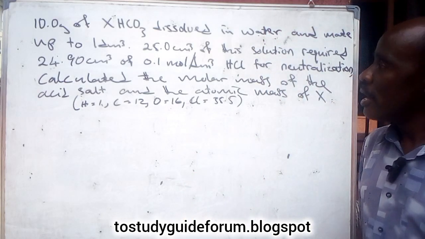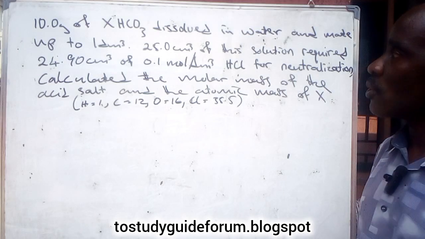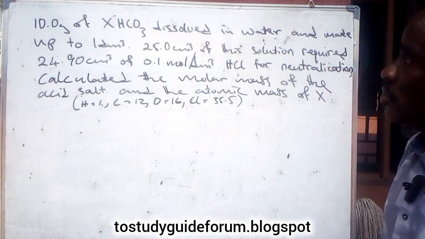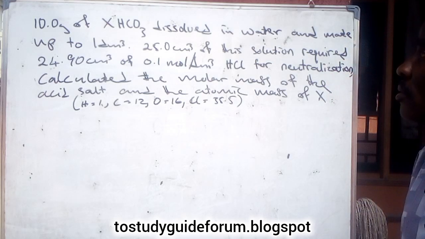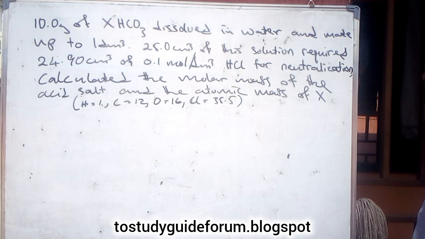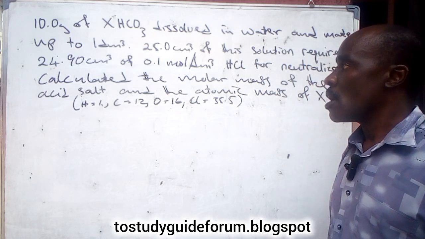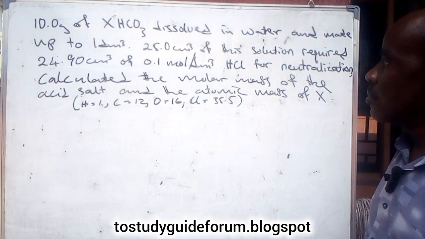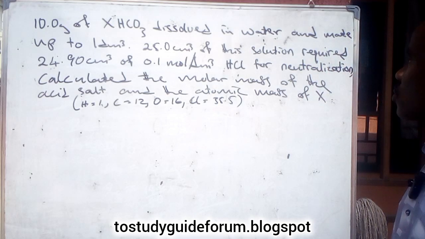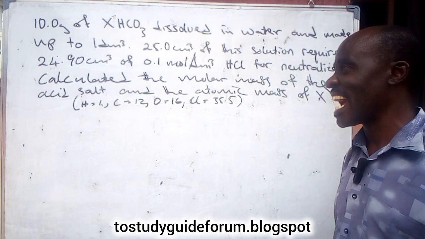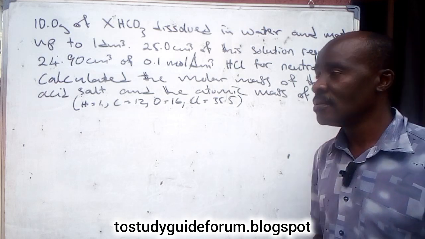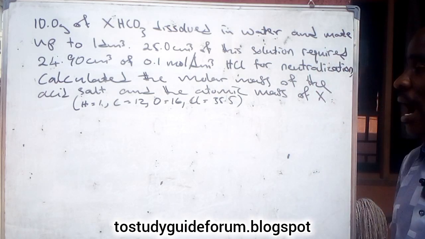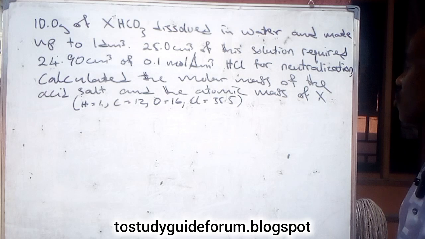Now we are given a question. They say that 10 grams of XHCO3, the hydrogen carbonate, dissolved in water are made up to 1 dm³. 25.0 cm³ of this solution required 24.90 cm³ of 0.1 mol per dm³ hydrochloric acid for neutralization.